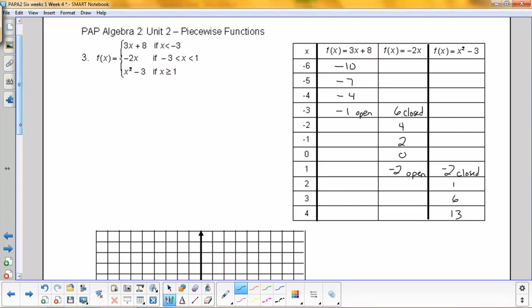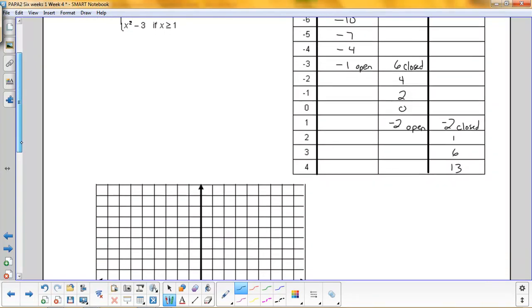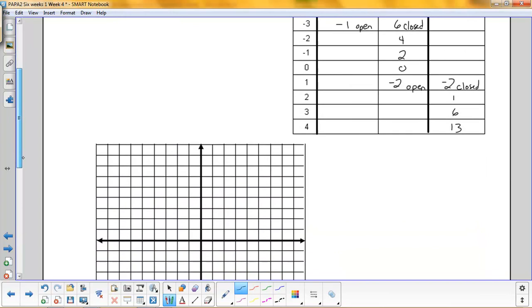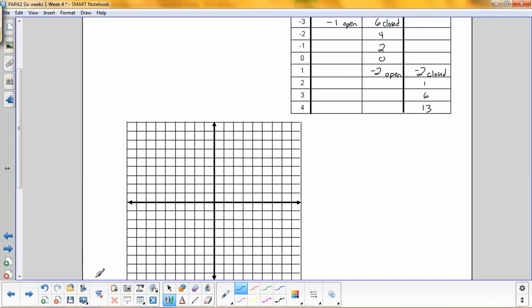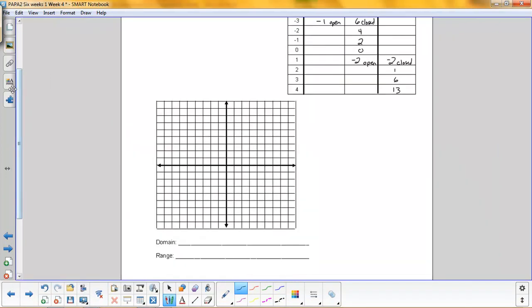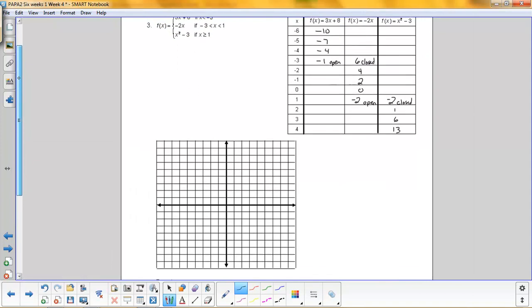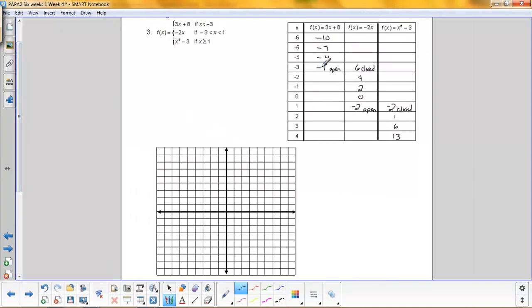Alright, now filling in the graph of this information, the place where we want to go is the switch of each of these functions. Let me zoom out so we can see the entire page, including table and graph. Okay, so at -3, we will begin with our value here.